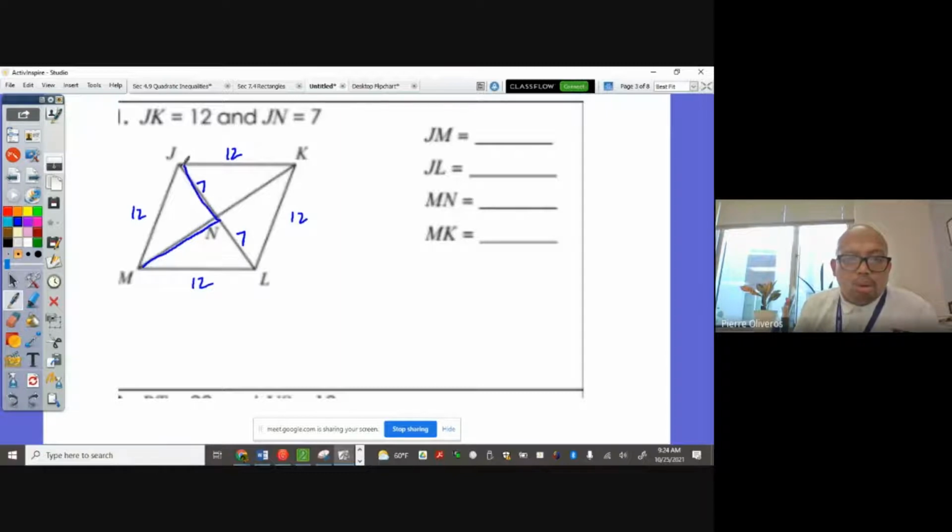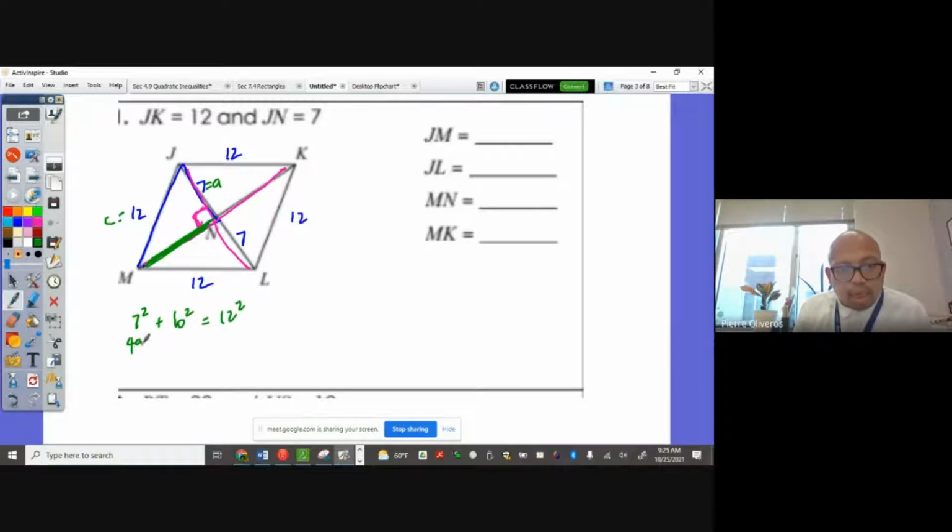Remember that this blue triangle here forms a right triangle because the diagonals are perpendicular. So this angle here is 90 degrees. So we're going to use the Pythagorean theorem again to find this MN. So this is 90, this is my C, and this could be my A. So 7 squared plus B squared is equal to 12 squared.